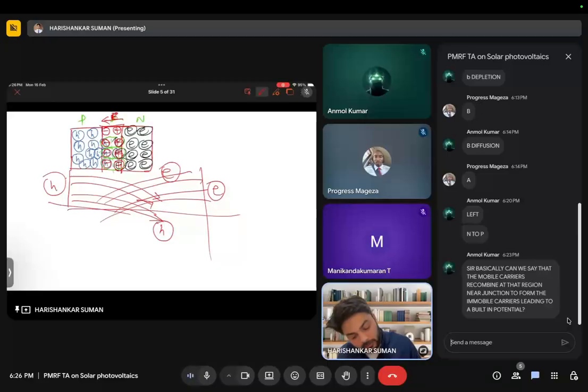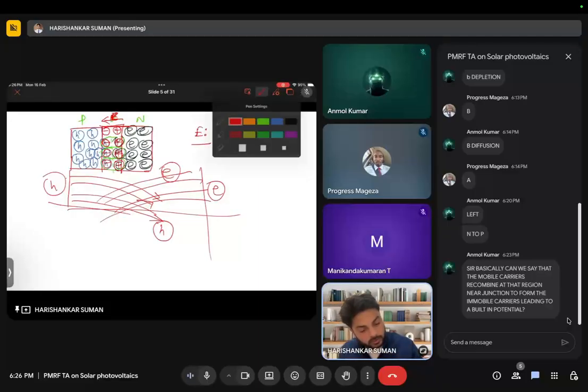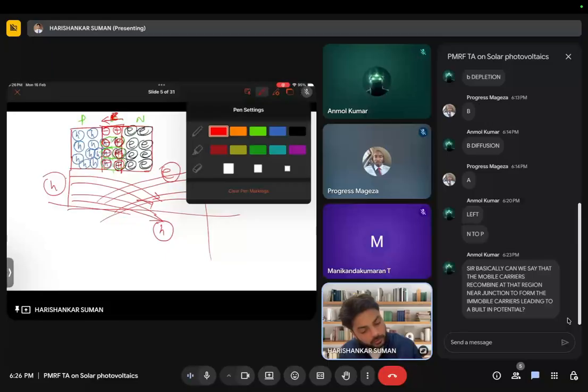Okay, so after every recombination the electric field becomes stronger and stronger. So at that point the electric field has direction n to p. Let's focus on one electron, or you can choose a hole, whatever you want.